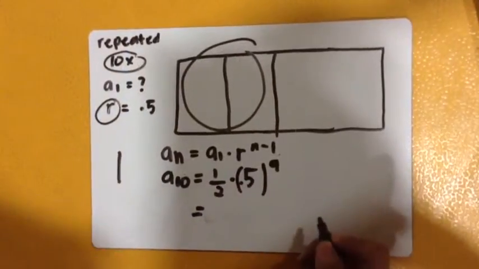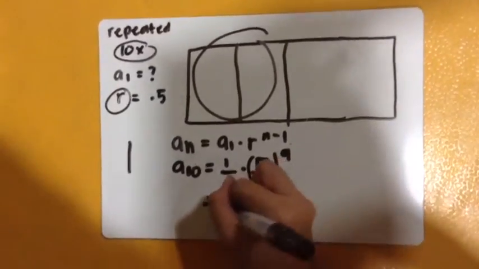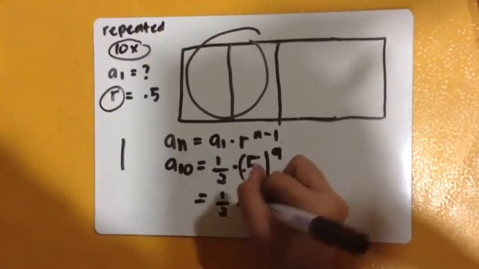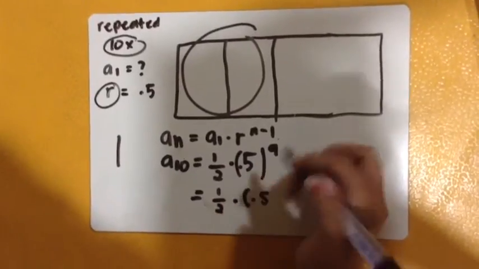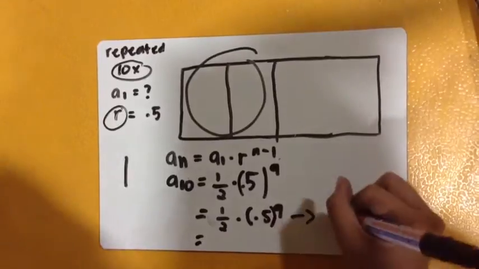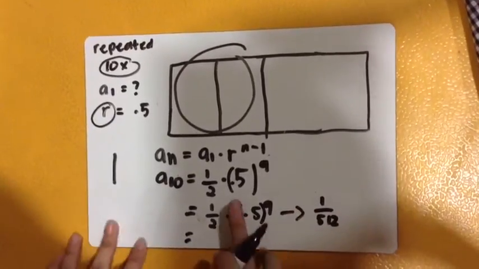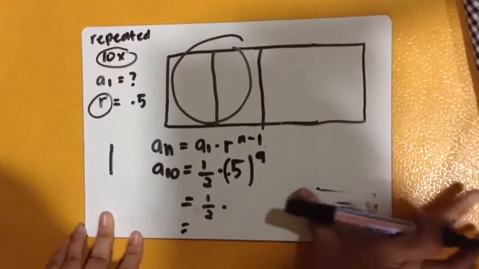And the answer for this is, wait, let's do it carefully. 1 times 0.5 raised to 9 is going to be 1 over 512. So let's remove those quantities.